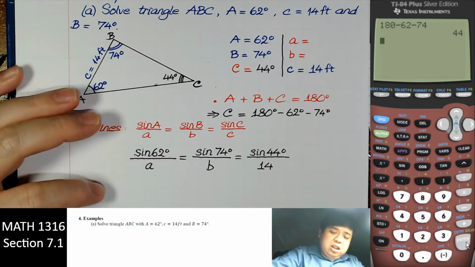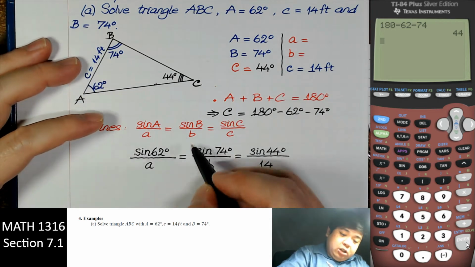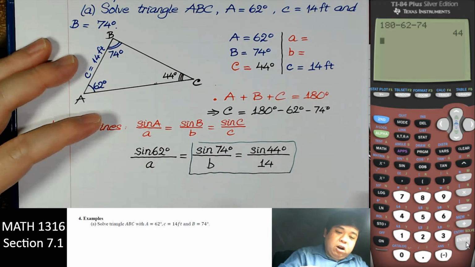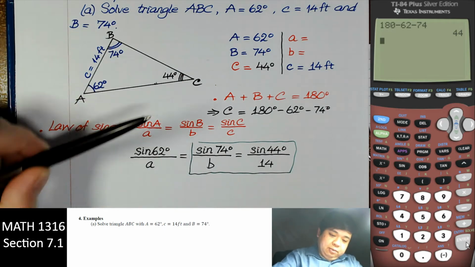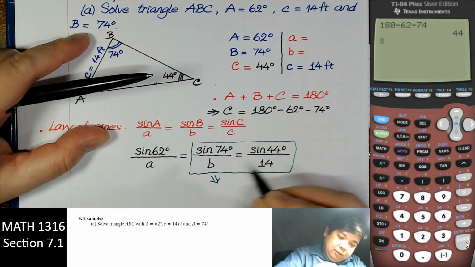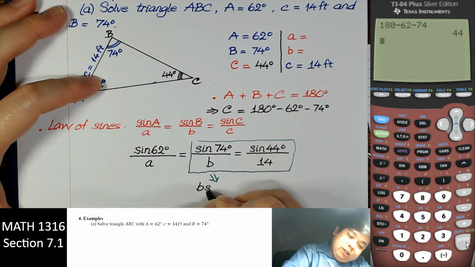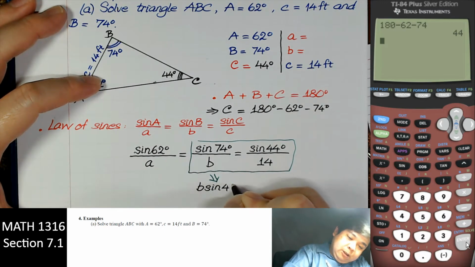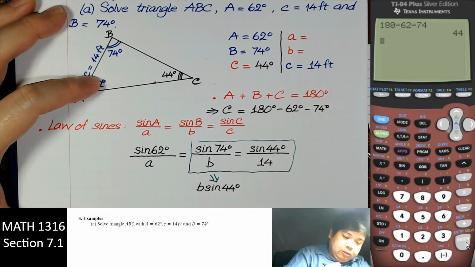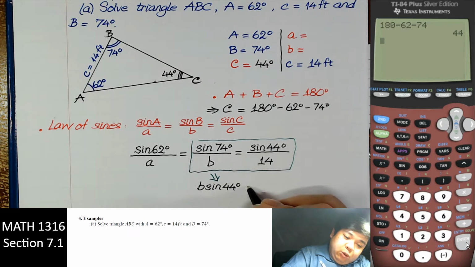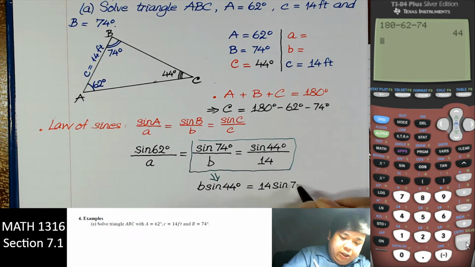Now this is very simple. All we do is group this, cross multiply, and then solve for b. So cross multiply, we have b times sine 44 degrees equal to 14 times sine of 74 degrees.